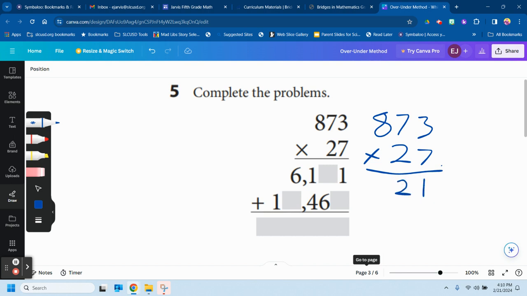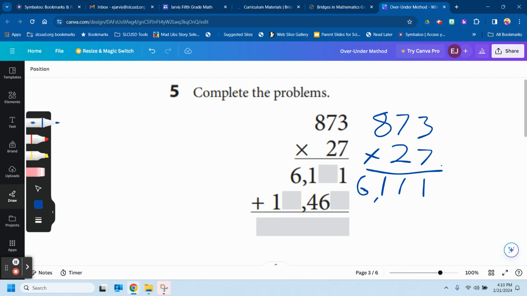So instead of writing 21, I'm just going to add that 2 to the product of what I get up here. 7 times 7 is 49 plus 2 more is 51. 7 times 8, 56. Plus 5 more, 61. So it looks like the numbers are kind of fitting.